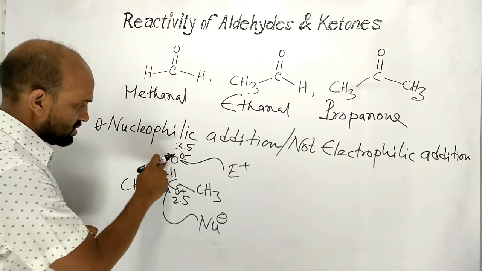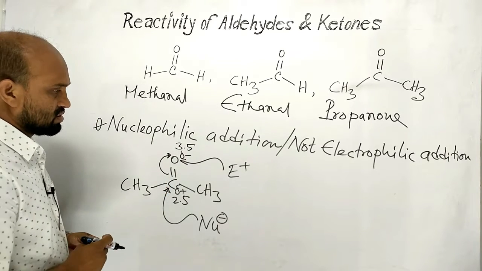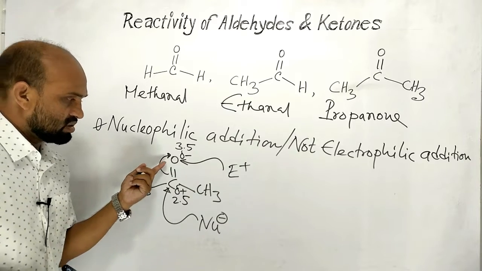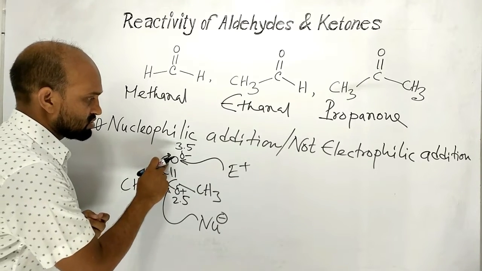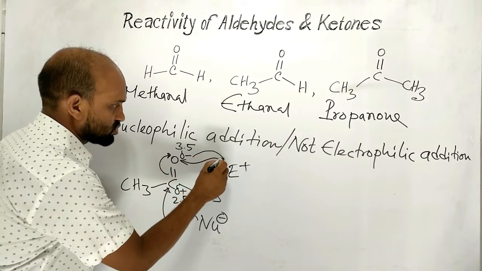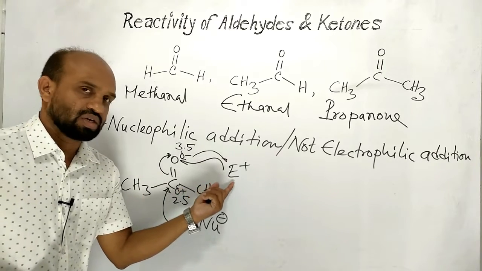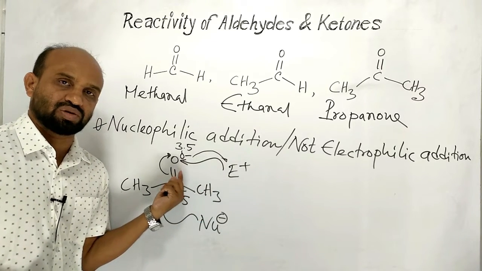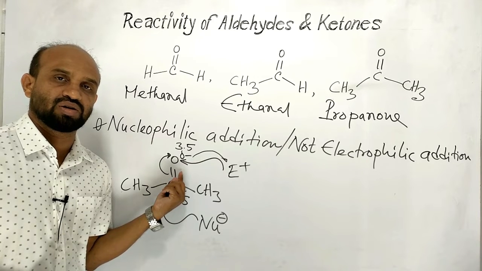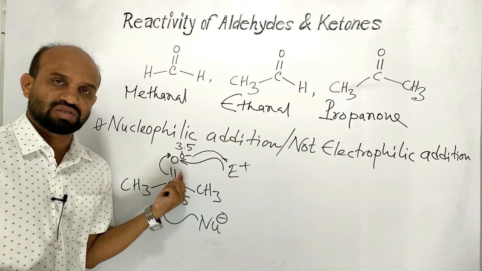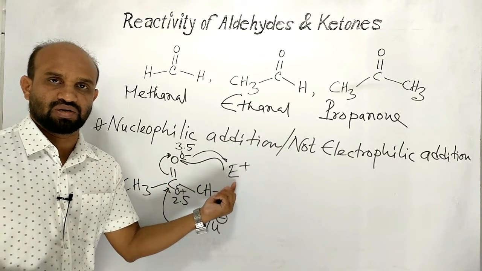Because the electronegativity of oxygen is very high, at the first step oxygen doesn't donate electrons to electrophile. That is why electrophile cannot combine with oxygen because of the higher electronegativity of oxygen. Oxygen doesn't donate electrons to electrophile.